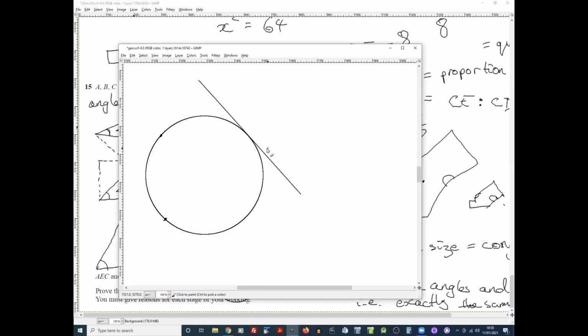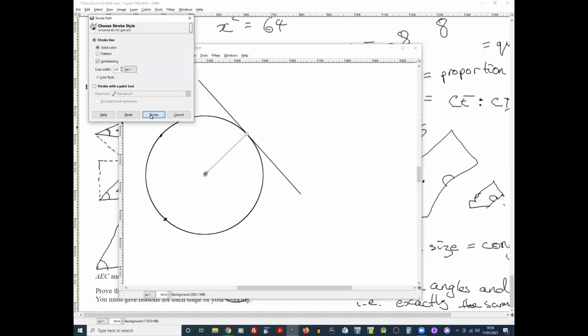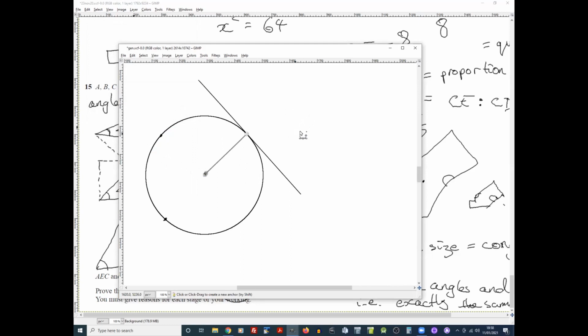Now, a basic fact about tangents, which is so important, is the angle it makes with the radius where it touches. Because of course, if it touches there, there's going to be a straight line going from there to the center of the circle. And what would we call this straight line going from here to the center of the circle? The radius. Yes. And the basic fact about tangents is the angle between the radius and the tangent is 180.